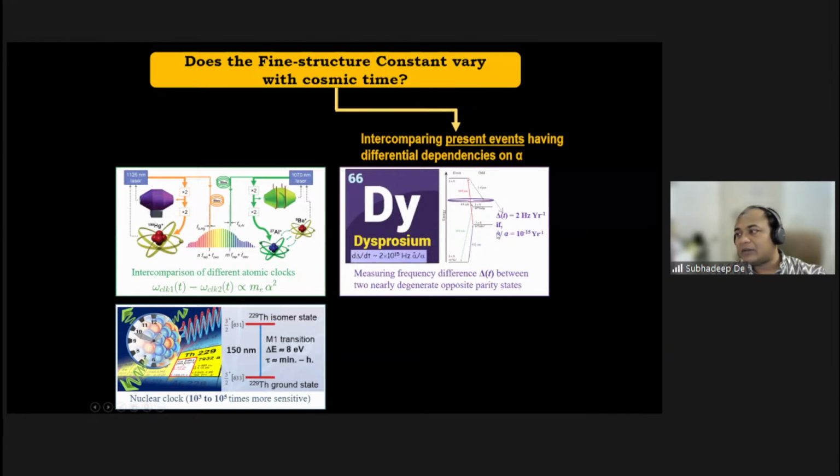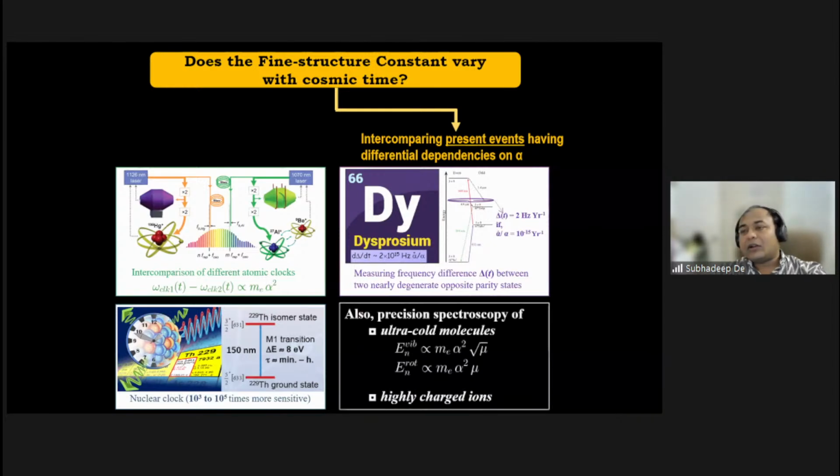The rate of alpha variations is much lower, because people have already reached this level of sensitivity, and could not make any distinction as to whether there is a change between these two energy levels. There are also other possible ways to measure alpha variations which have been proposed, like looking into ultracold molecules or highly charged ions, but people are investigating those at this moment.